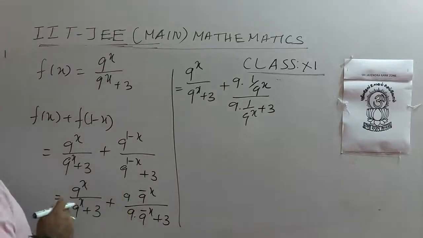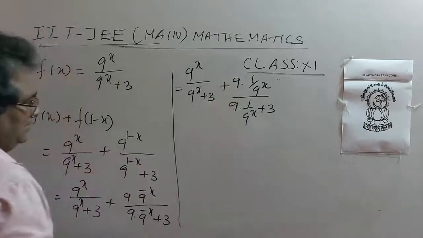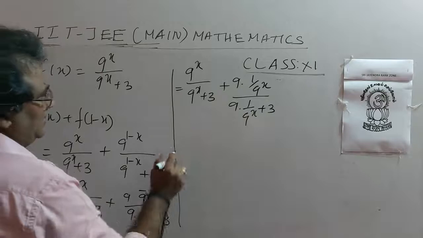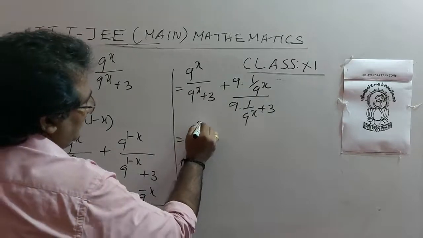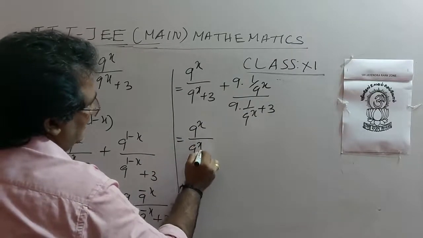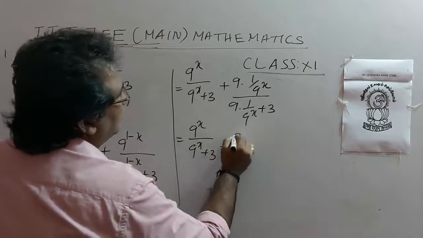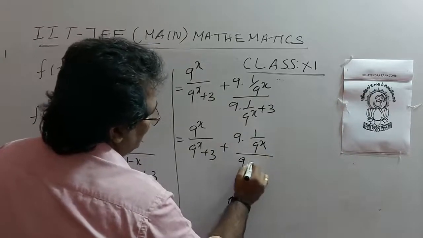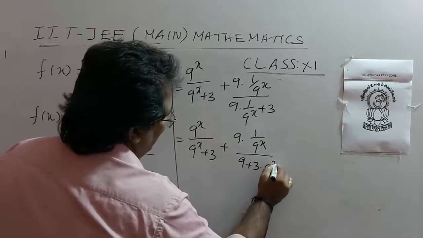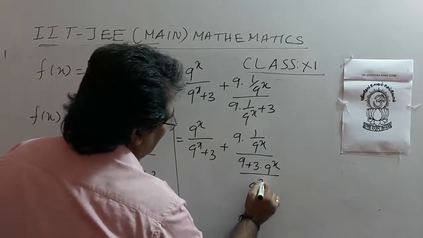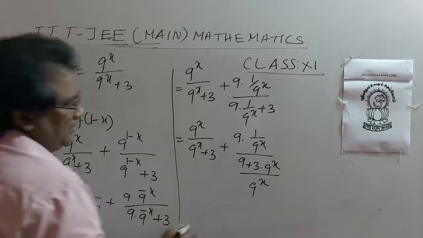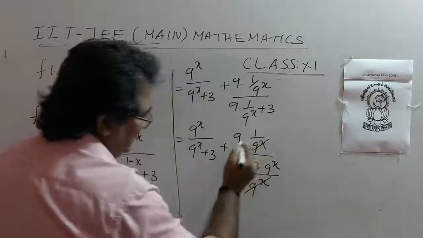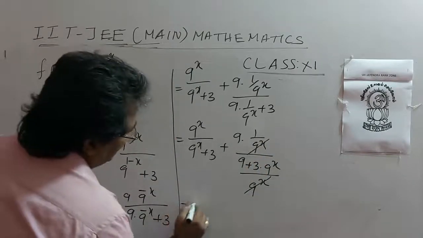9 power minus x can be written as 1 by 9 power x, and the same applies in the denominator. So we get 9 power x by 9 power x plus 3, plus 9 into 1 by 9 power x divided by 9 plus 3 into 9 power x divided by 9 power x. These two terms will be cancelled.